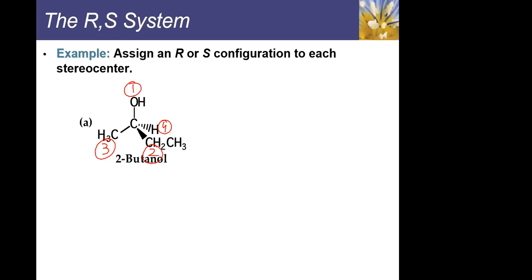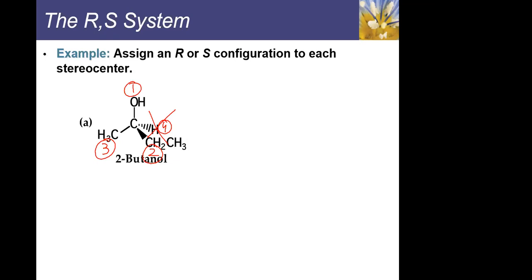If it's at the back, forget about it, as if it doesn't exist. These are the rules by which we assign R and S. If the least atom or least group is at the back, this broken wedge will tell you it's at the back. Forget about it.